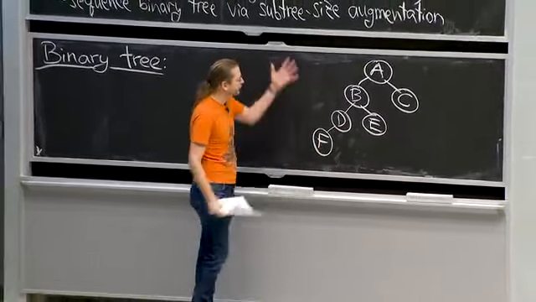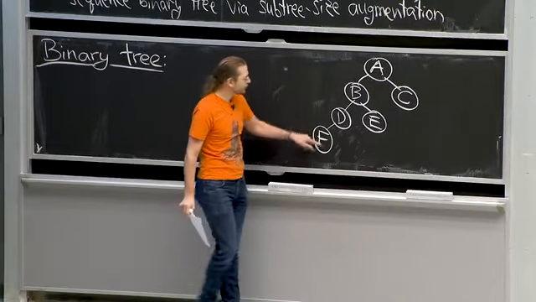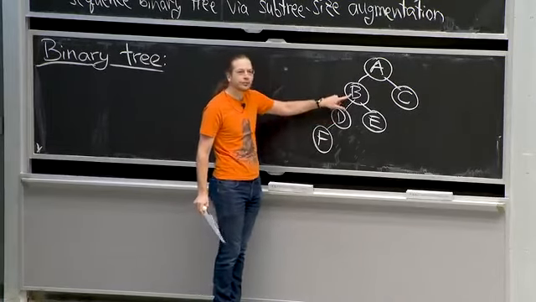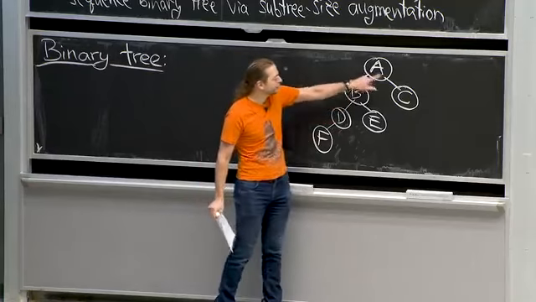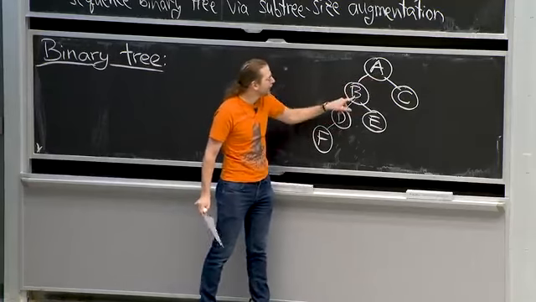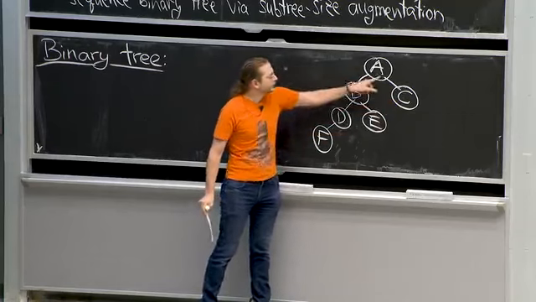So this is an example of a binary tree. It has a bunch of nodes, which we're drawing in circles. It has items in the nodes, which I'm writing as letters here. So this is item A, item B, item C. And it has these links between them.